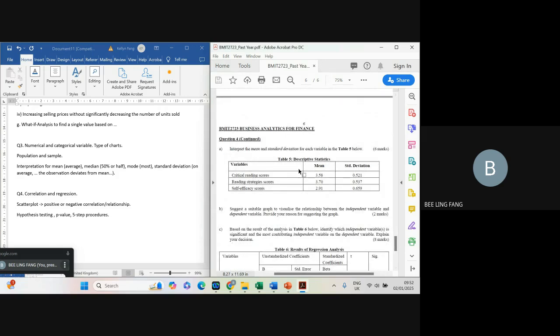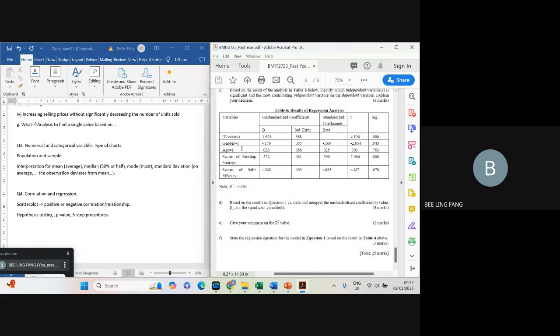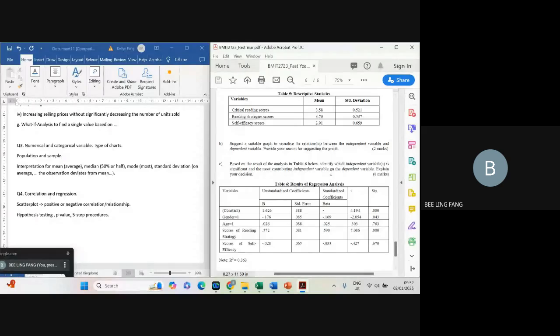Interpret means standard deviation. Suitable graph, that means suggest the scatter plot. When you look at the correlation scatter plot, what is the independent variable, what is the dependent variable, and then you are given the results, right? Interpret the R square, right? You have to perform hypothesis testing, identify, explain your decision.